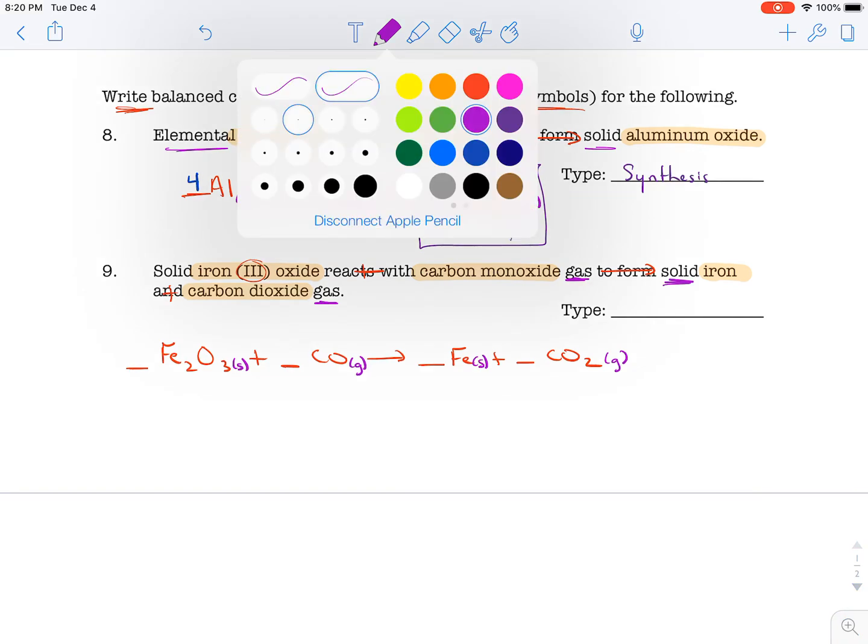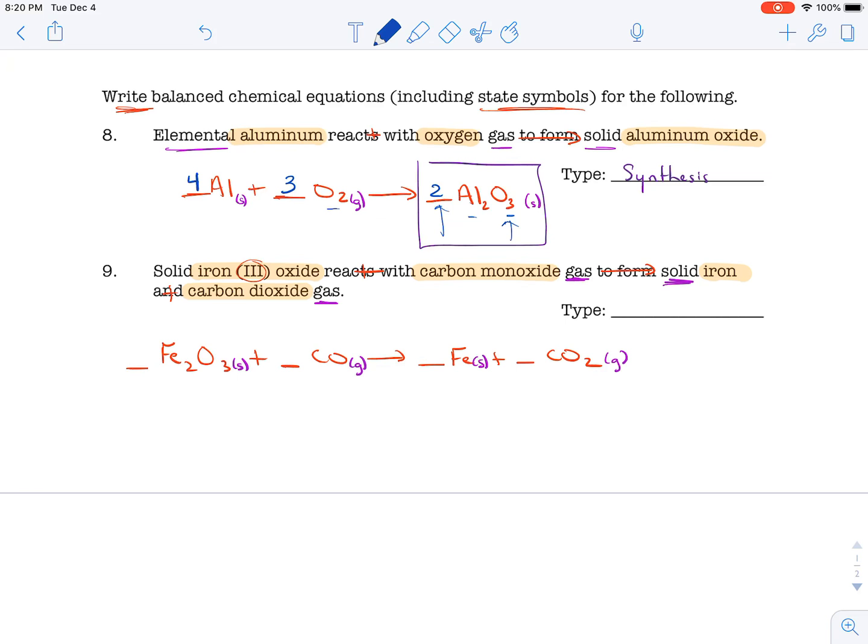Our third step now is to balance. This one's actually a tiny bit tricky, but it's okay. We can handle this. All right, so if we start off with our Fe's, we have 2 Fe's and 1 Fe. So I'll put a 2 out front there to balance my Fe's, which brings us to our O's. Or C's, excuse me. Our C's are actually good. That's why I skipped them.